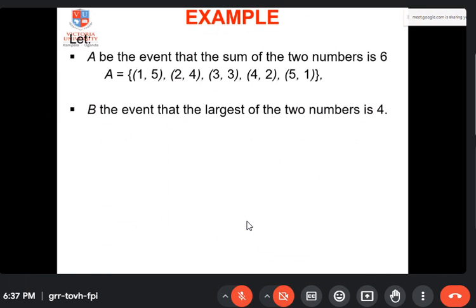Event B is that the largest of the two numbers is a 4. So what are you going to have there? You can have a 2-4. Now this is a different set B. It is not related to the first.